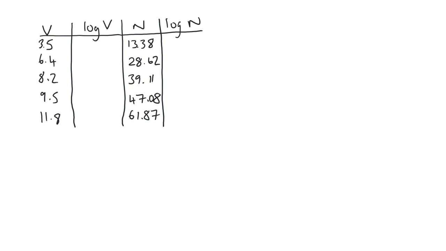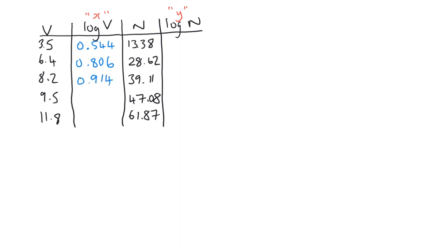Remember from our previous slide, log v are our x values, so you plot them on the x-axis, and our values for log n are our y values, so plot them on the y-axis. To find these, you just type them into your calculator. So you type log 3.5, and write them to at least 3 decimal places, unless the question tells you otherwise.